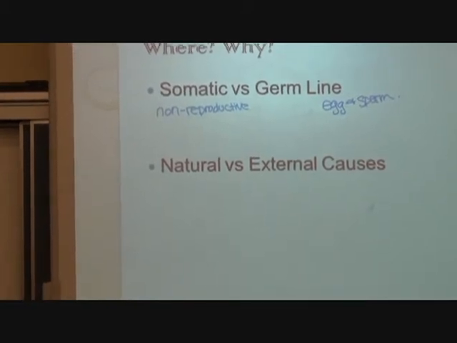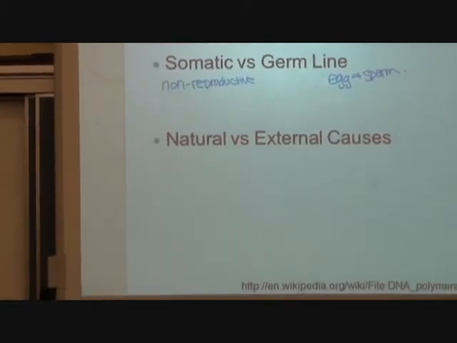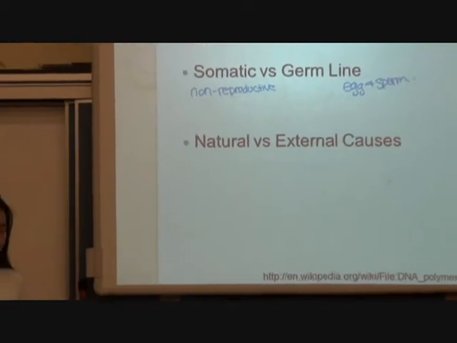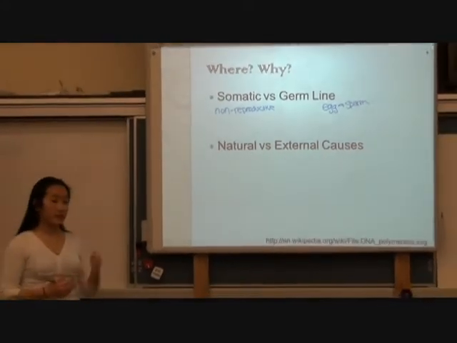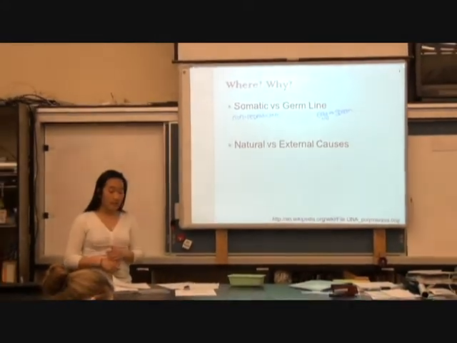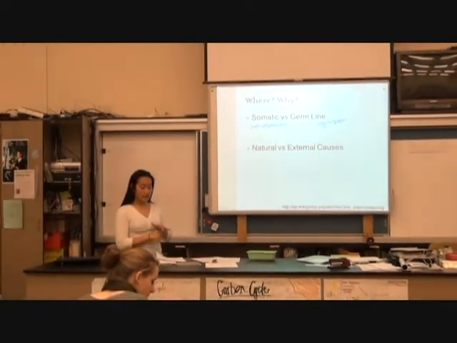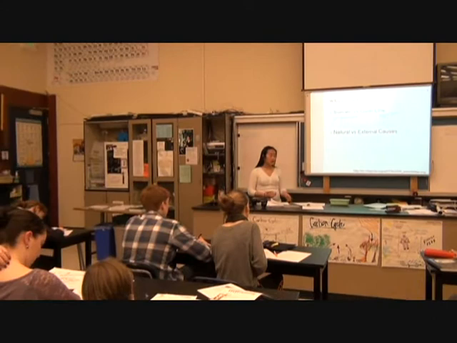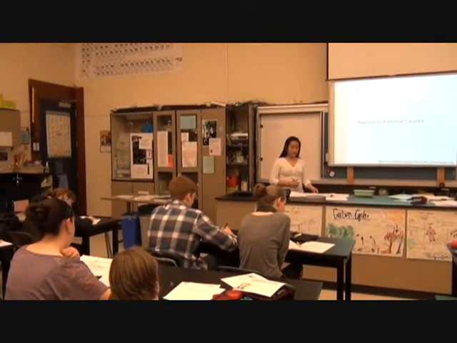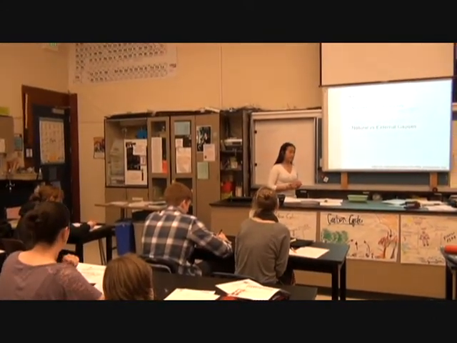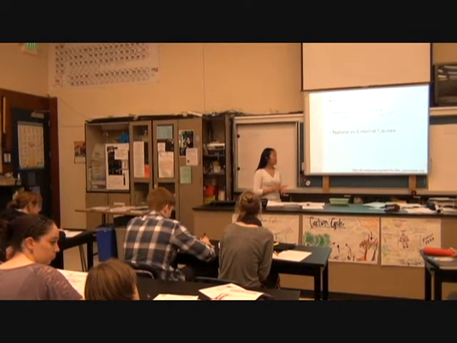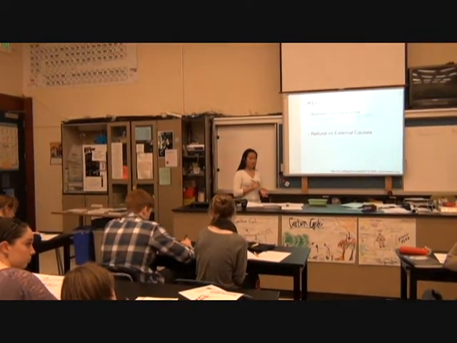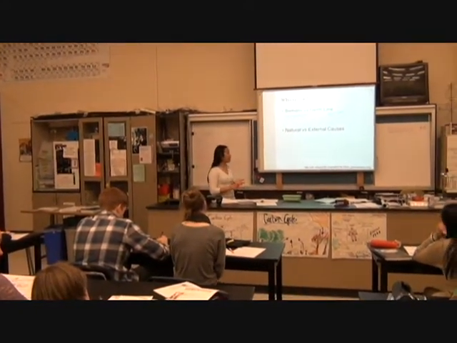There are reasons for why mutations happen. There are natural causes and external causes. Natural causes can happen during cell division, when the copies aren't exactly perfect. As we know, DNA polymerase has proofreading abilities, but sometimes they don't catch all of the mistakes.